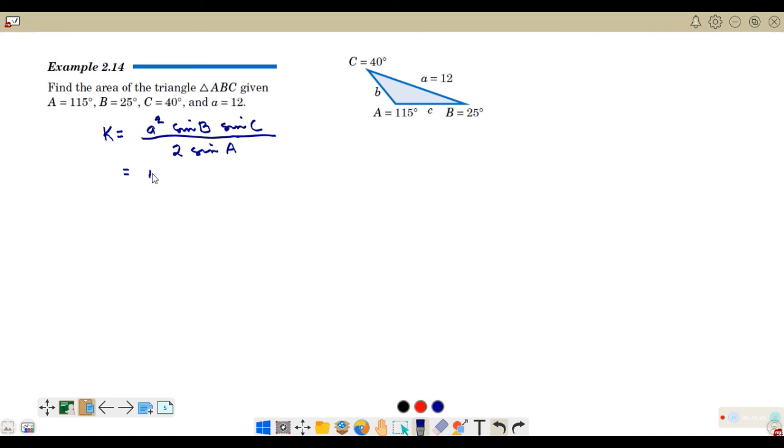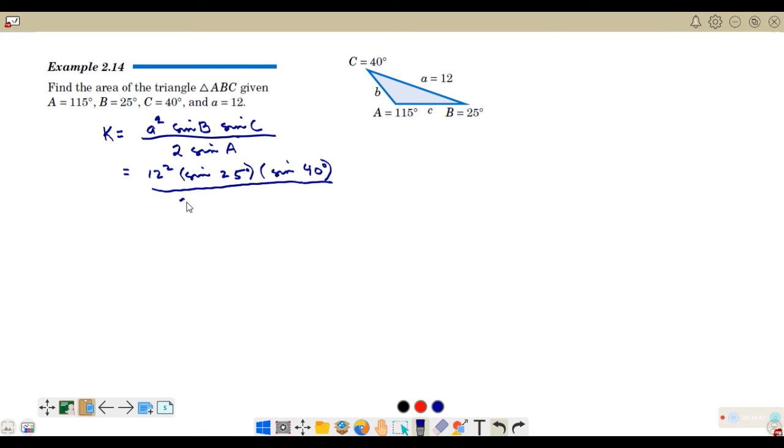A is 12, so we have 12 squared. And then sine B, we have 25 times sine C, which is 40 degrees.